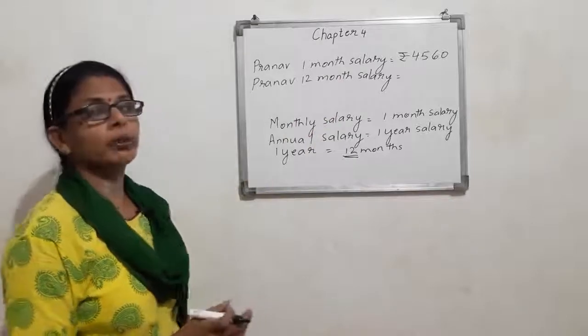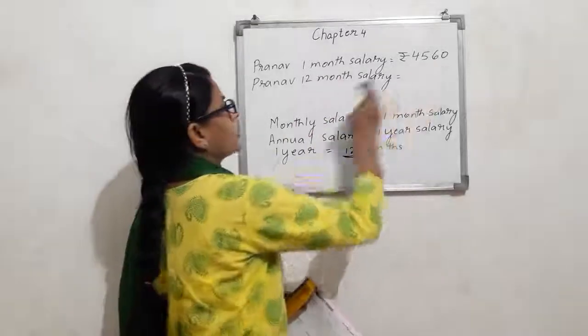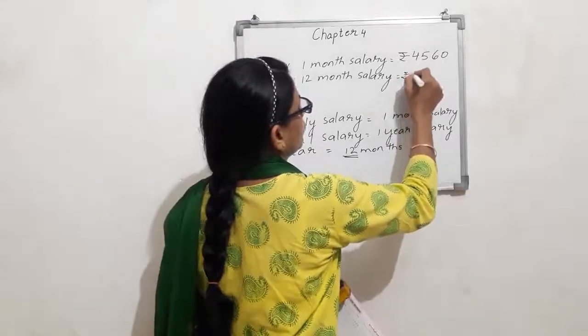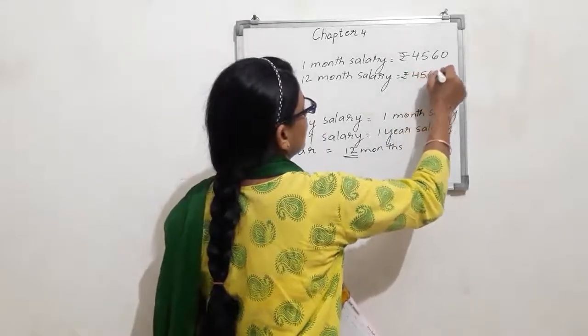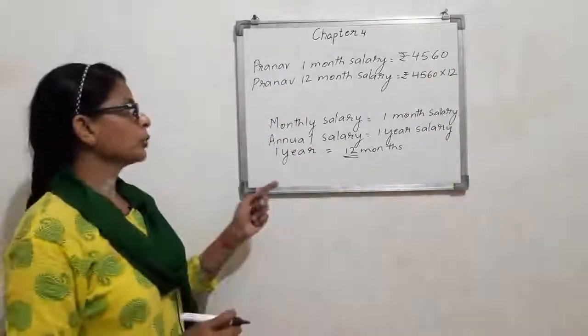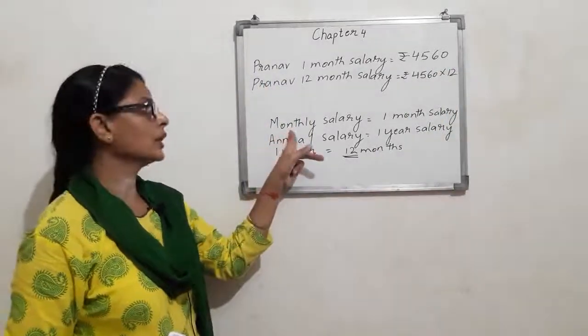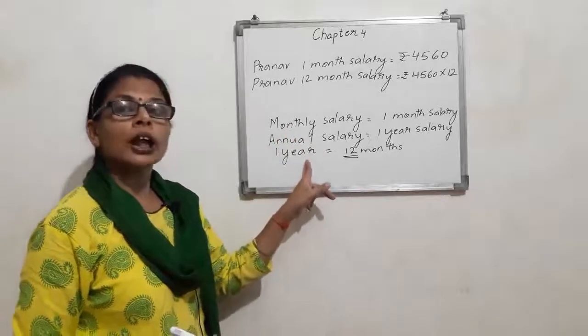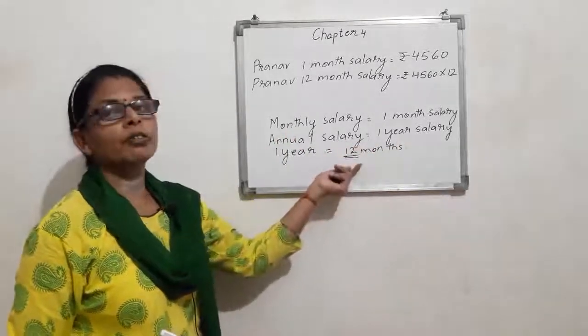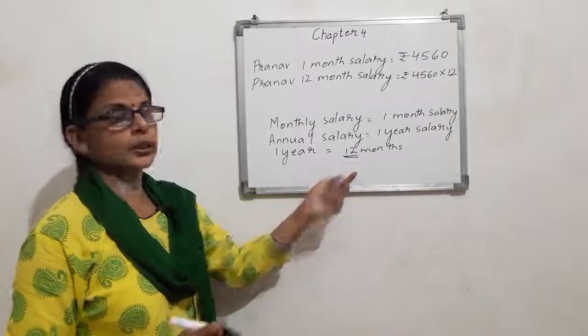We have to multiply 4,560 by 12. I hope you must have been clear with what is monthly salary and what is annual salary. Annual salary means 1 year salary. That means we have to find the salary of 12 months.